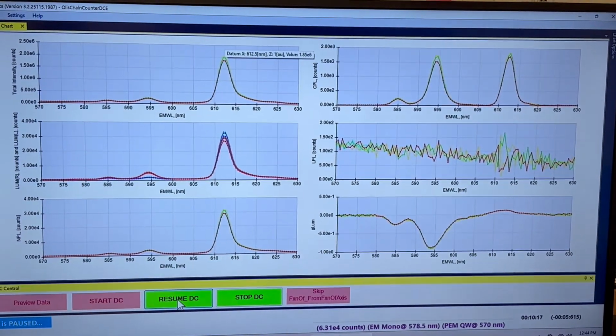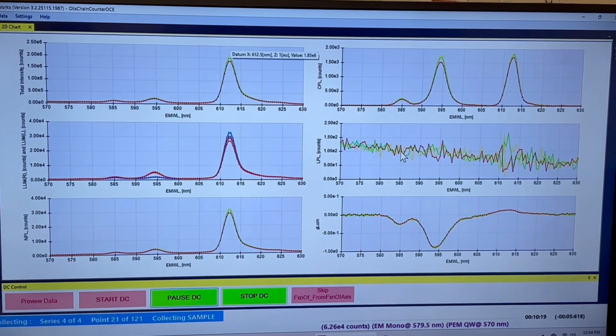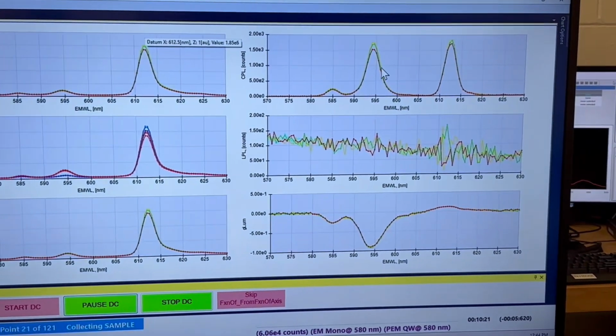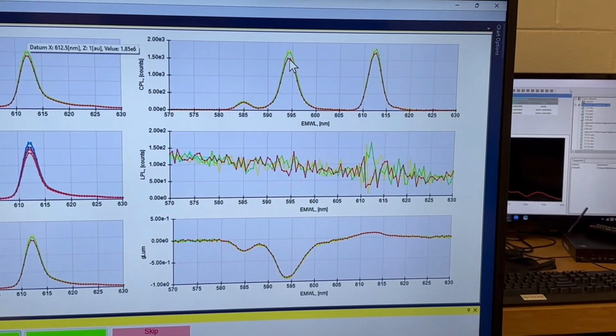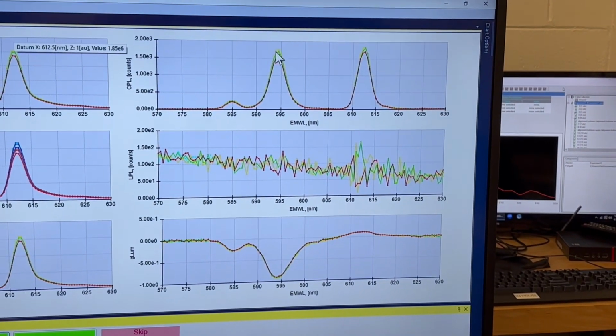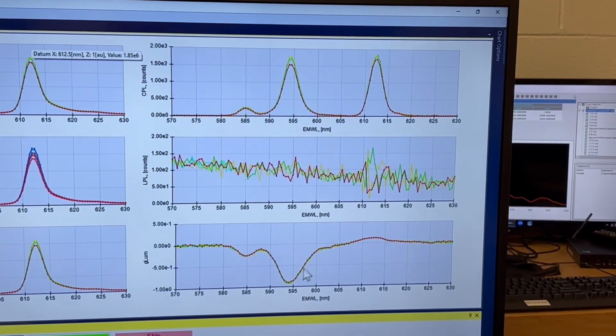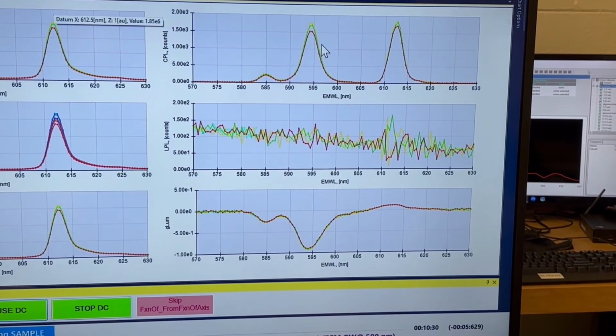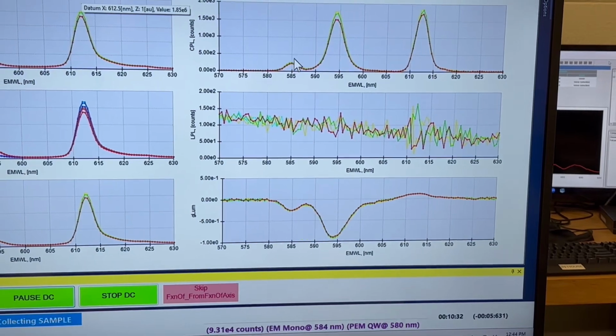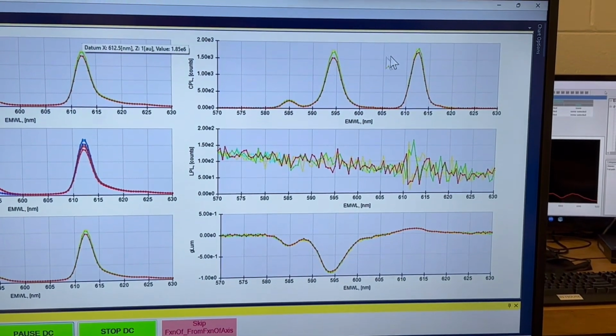I can resume data collection, and I see that, in fact, with this heavy dose of water, there is a change in the g-lum to some extent, or at least, I should say, in the CPL.